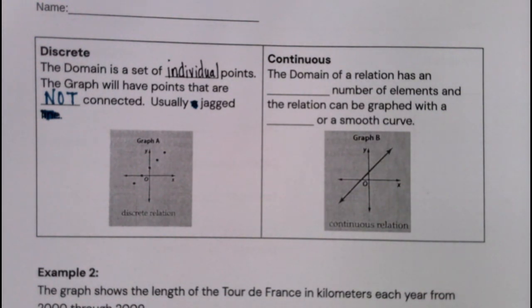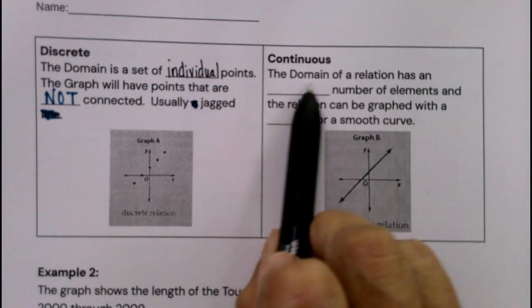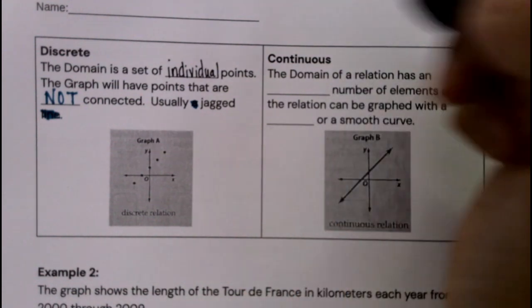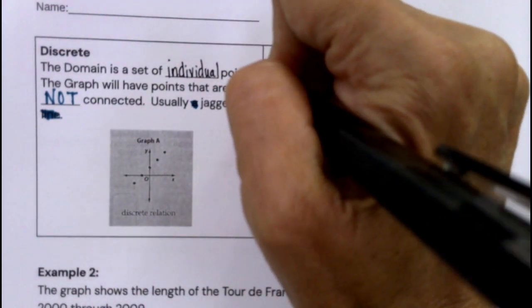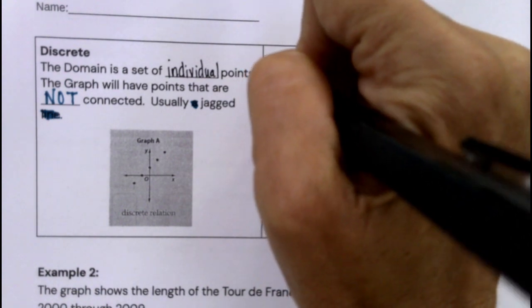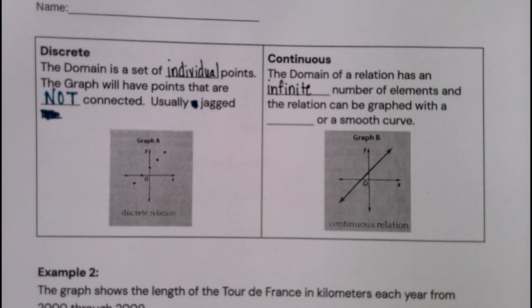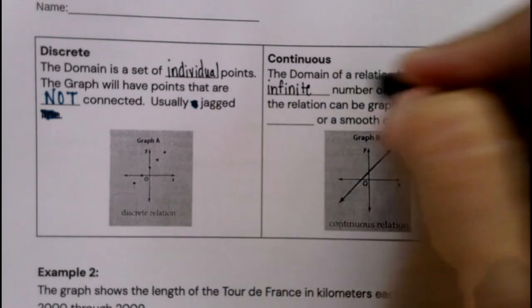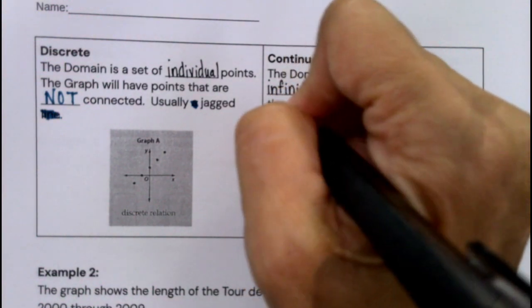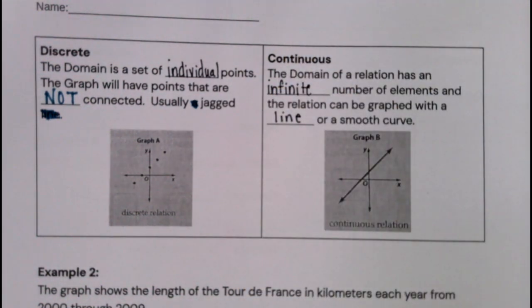So a continuous function, on the other hand, the domain of the relation has an infinite number of elements, and the relation can be graphed with a line or a smooth curve.